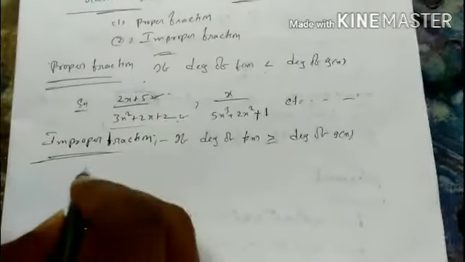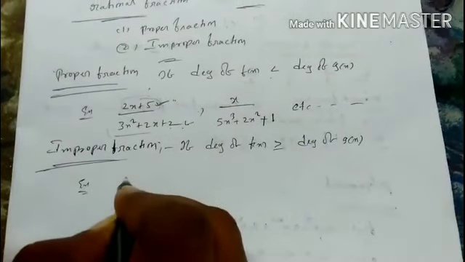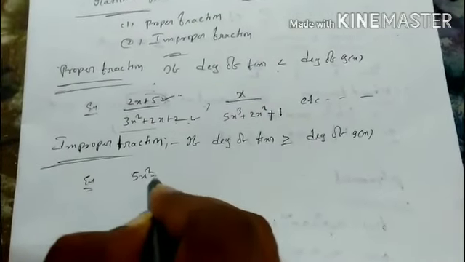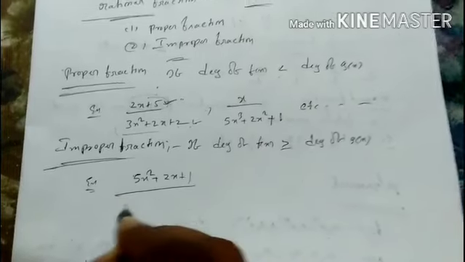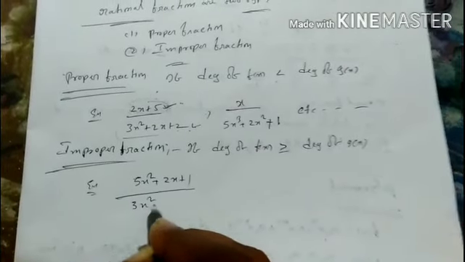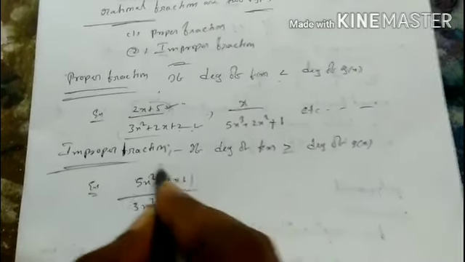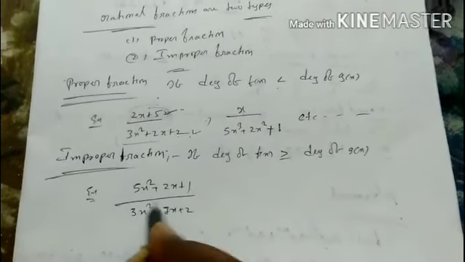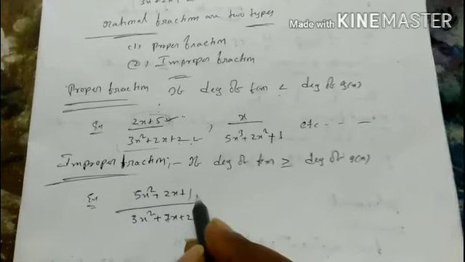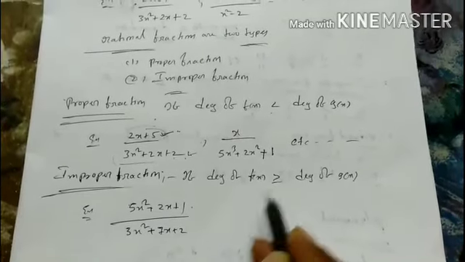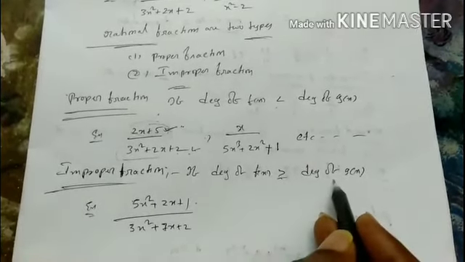So what are examples of improper fractions? Example: 5x square plus 2x plus 1 by 3x square plus 7x plus 2. Clearly this is a second degree polynomial, this is also a second degree polynomial. The degree of f of x is equal to the degree of g of x.